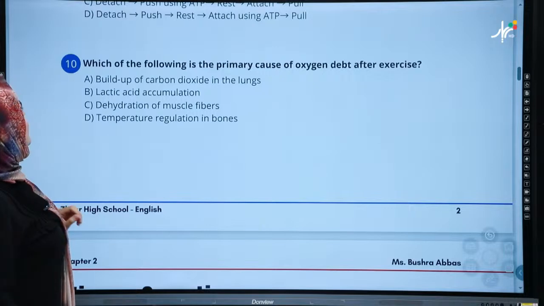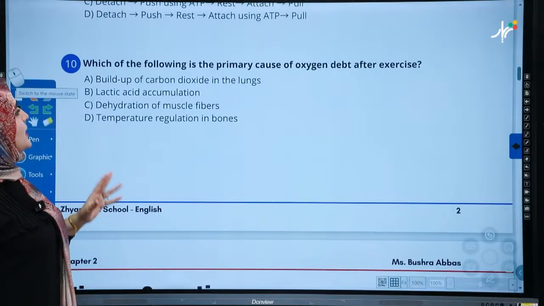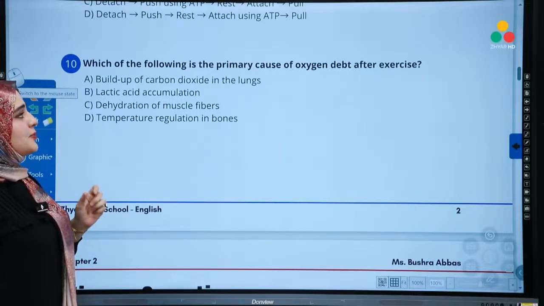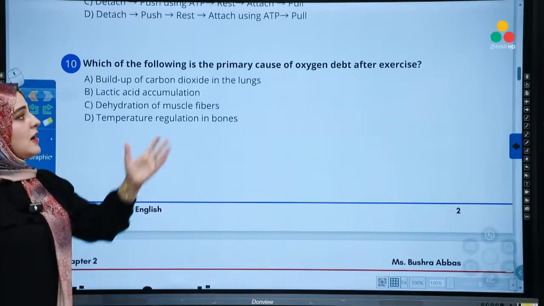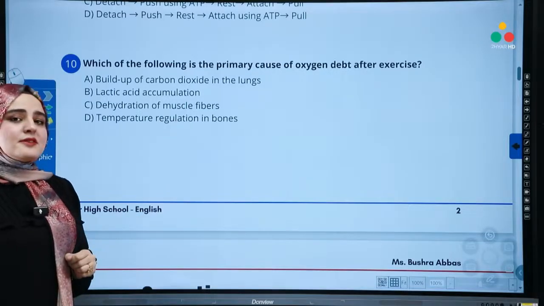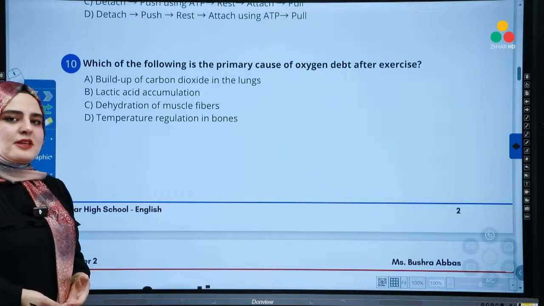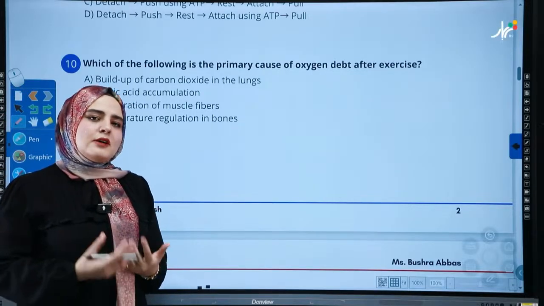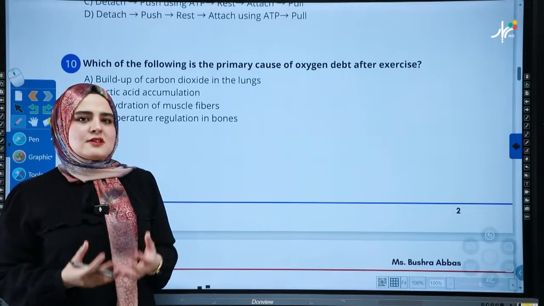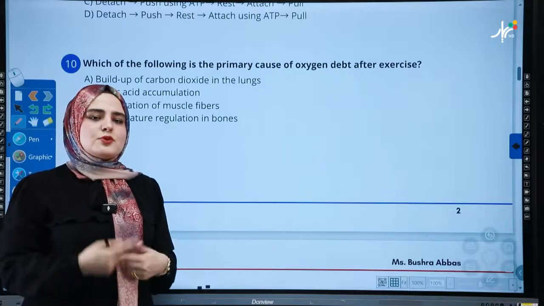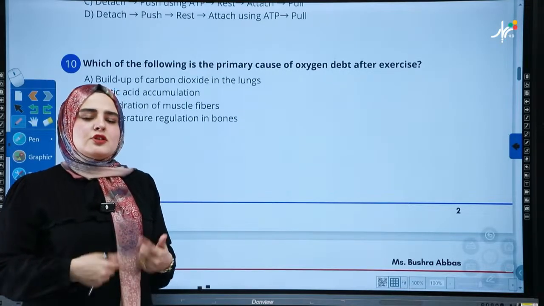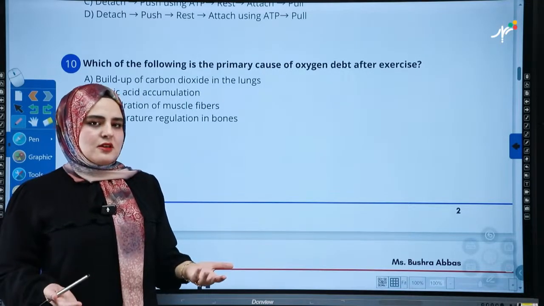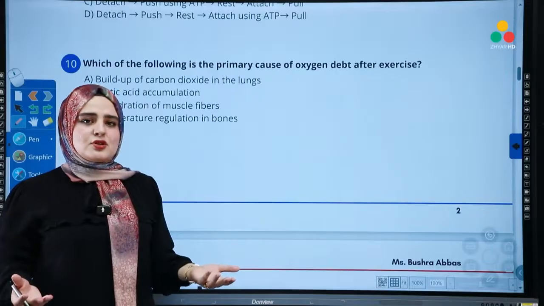Question 10. It says, which of the following is the primary cause of oxygen debt after exercise? Why do we have oxygen debt? First, when somebody is exercising vigorously, the amount of oxygen in the body is not sufficient. So they have to switch to anaerobic respiration to compensate, because the oxygen is getting depleted so much.